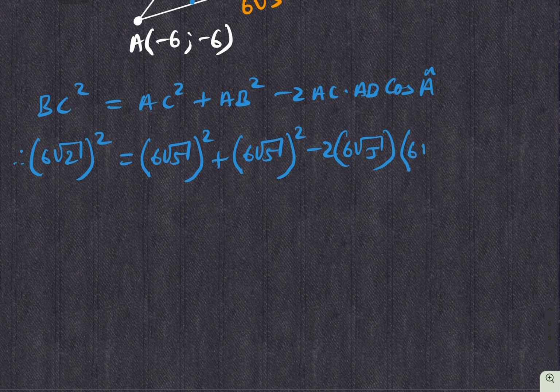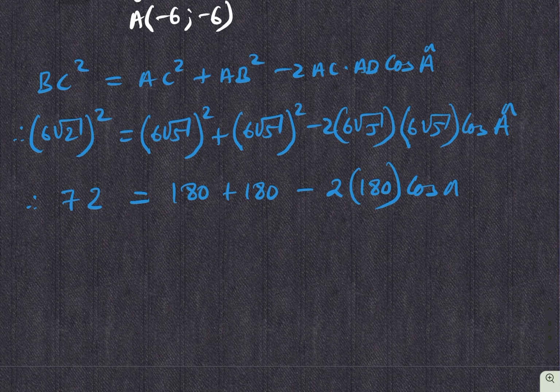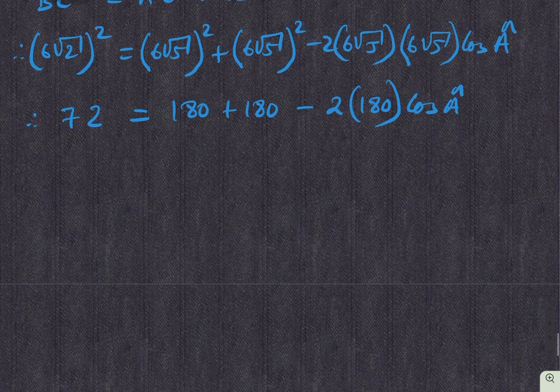That is going to be 6 square root of 5 cos of angle A that you are looking for. So therefore, this will really boil down to 72 to, that is 180 plus 180 minus, this one should be 180 cos of A. All right, so we're almost done, guys.